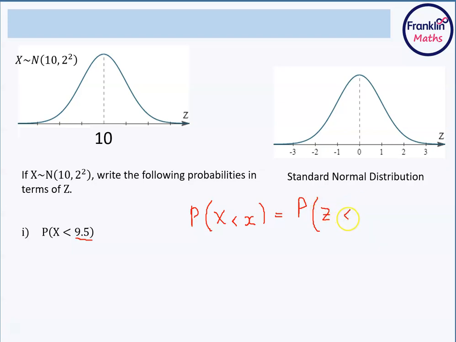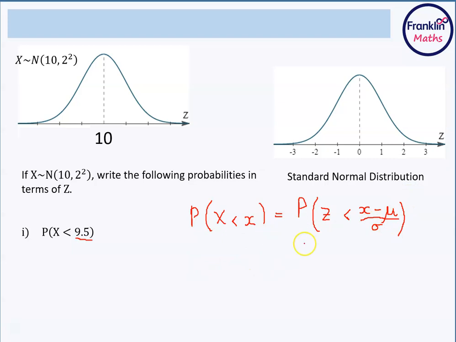Now it could be less than or equal, but because this one's a less than, it doesn't really matter. We're using a continuous distribution anyway. Now, if you remember from the last video, in terms of converting it, first of all we undo the translation of the mean, and then we scale by the standard deviation.